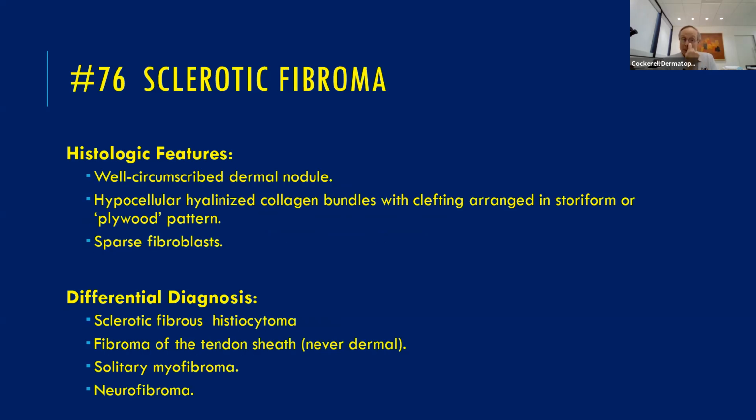So these are just a few other items that are in the differential diagnosis. Generally, none of these really fit too terribly well when you see this sort of plywood type of pattern. But yes, those of you that are writing these underlying malignancies, and yes, the PTEN mutation, that's very important to remember as well. The boards love to ask, anytime there's any genetic component of something that they've learned about, they like to ask it.